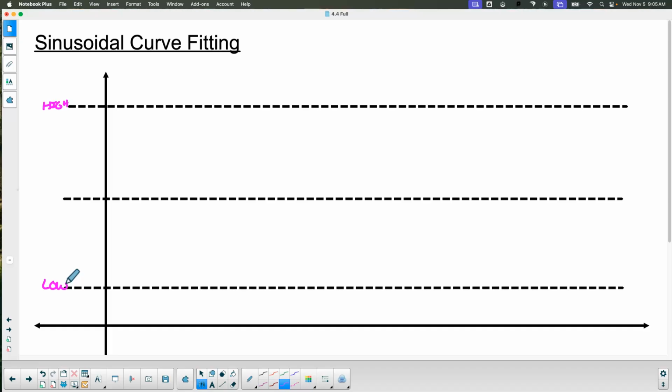Well, halfway between those is the middle, which is your D value. Then you are also able to find the amplitude, which is your A value.